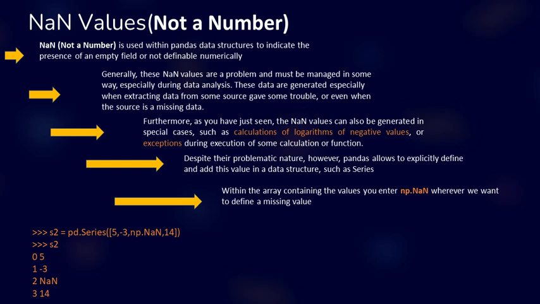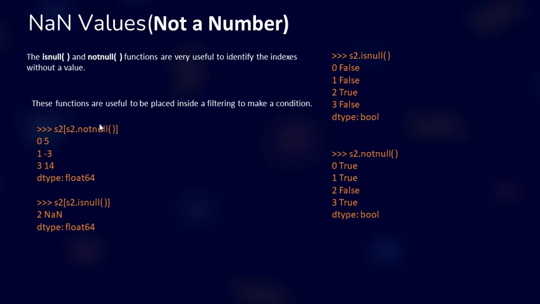We can also specify our own NaN. We have seen how to use the notnull and isnull functions to display only the rows with NaN values, or to display the rows which are not having NaN values.